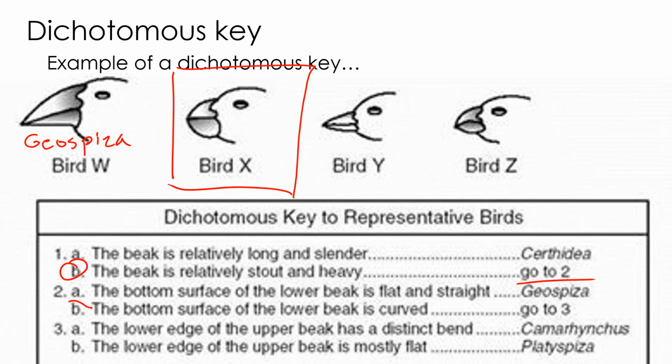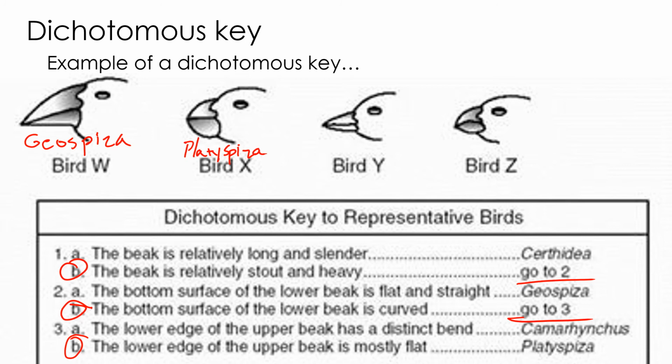It is curved, so we're going to go to 3. The lower edge of the upper beak, so that's referring to right there, has a distinct bend, or the lower edge of the upper beak is mostly flat. Well, I say that's flat. So it's a Platyspiza.